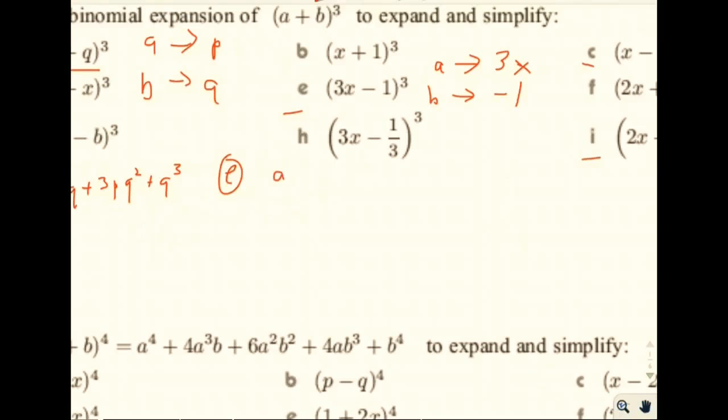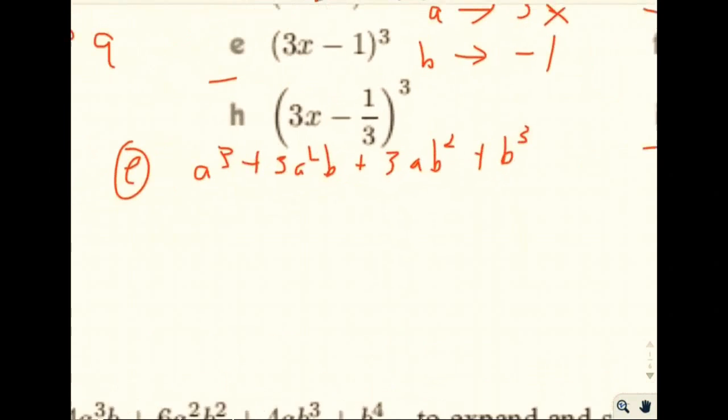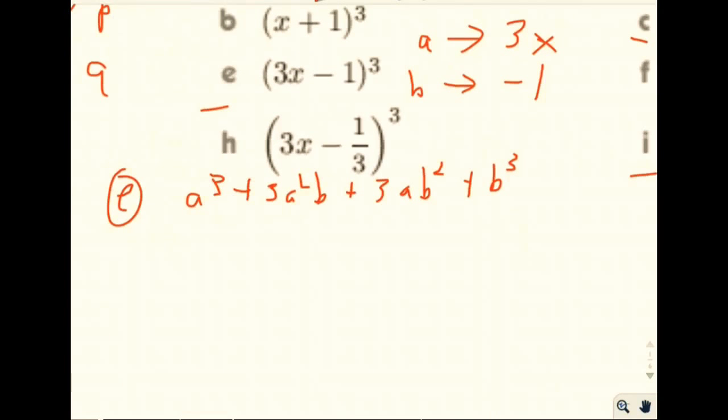So remember, we're going to change a cubed plus 3a squared b plus 3ab squared plus b cubed. We're going to change it so that all the a's are 3x's. So that a is going to be 3x cubed, and then we're going to have 3a squared, so that would be 3x squared b, which is negative 1.